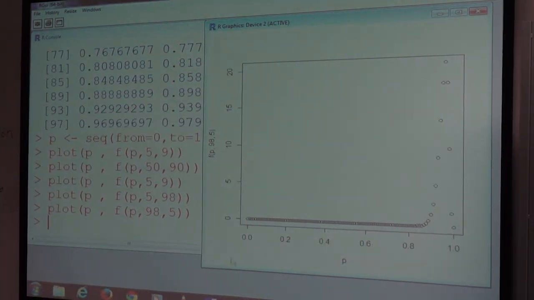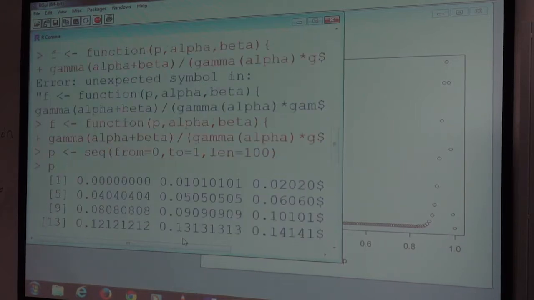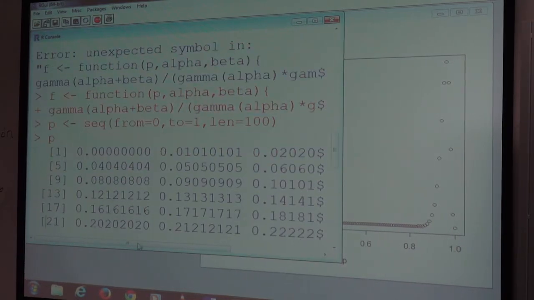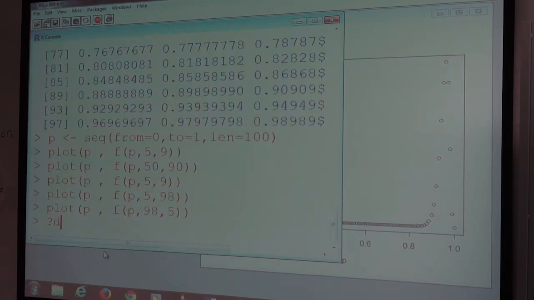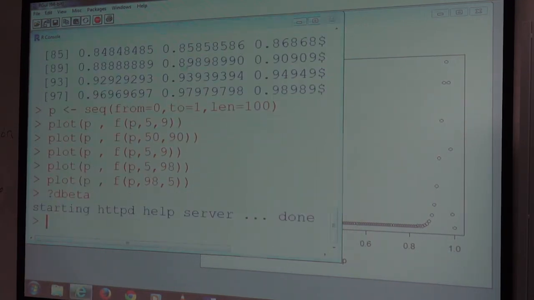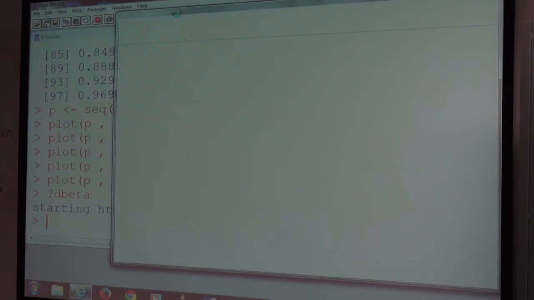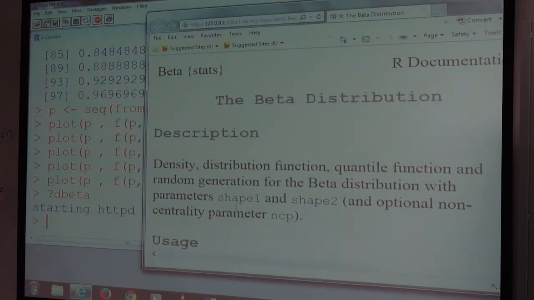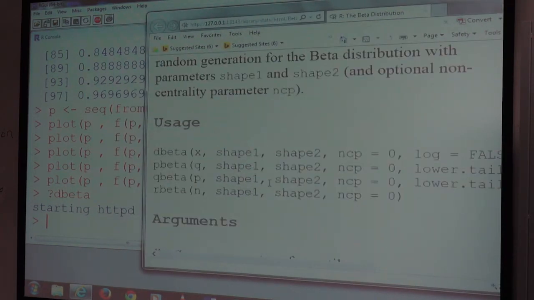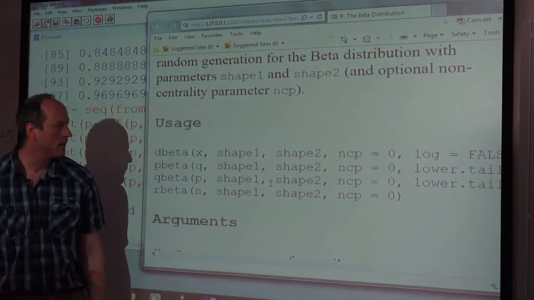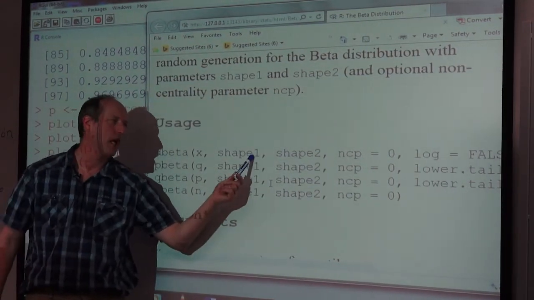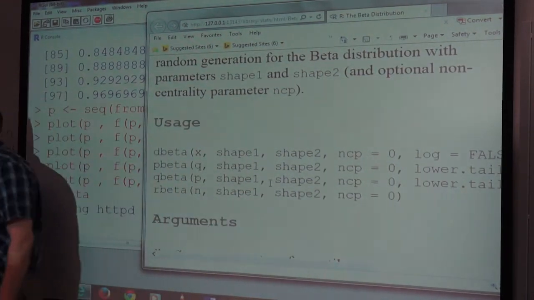Rather than defining that function, remember I defined this function f here. I just did that to show you that you could do it if you wanted to. What you need is dbeta. You still have to define your p, alpha, and beta, though. Everyone in the known universe calls it alpha and beta, except here, where it's shape 1 and shape 2.